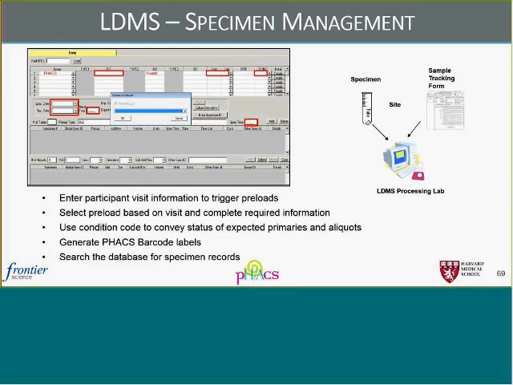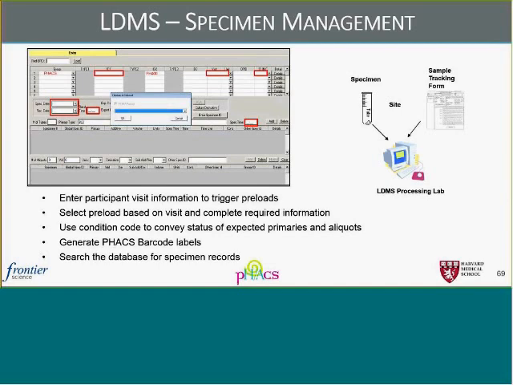Okay, so on this screen is the specimen management module of the LDMS. And this allows us to enter the inventory information. And I've included a screenshot of what the specimen management will actually look like.